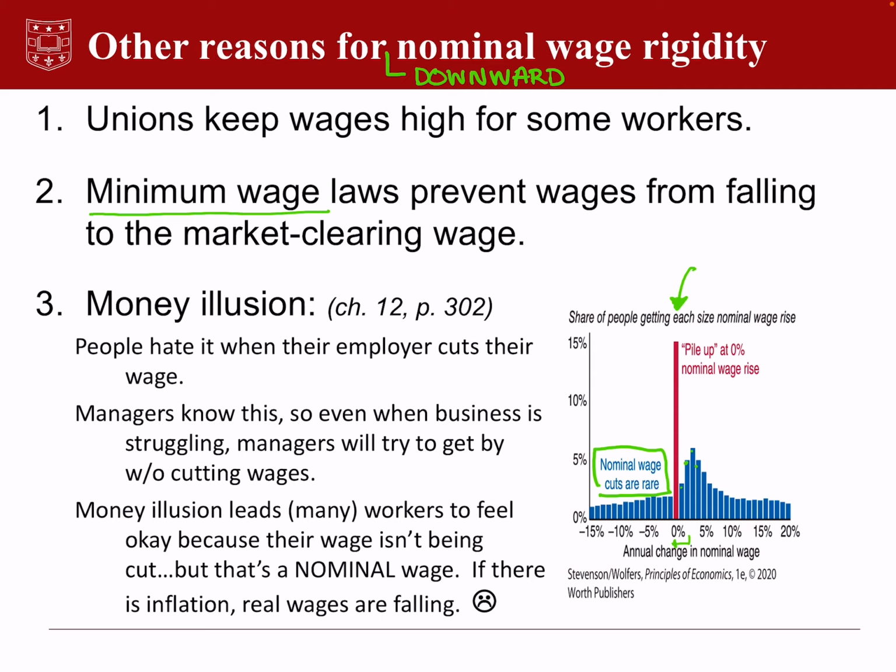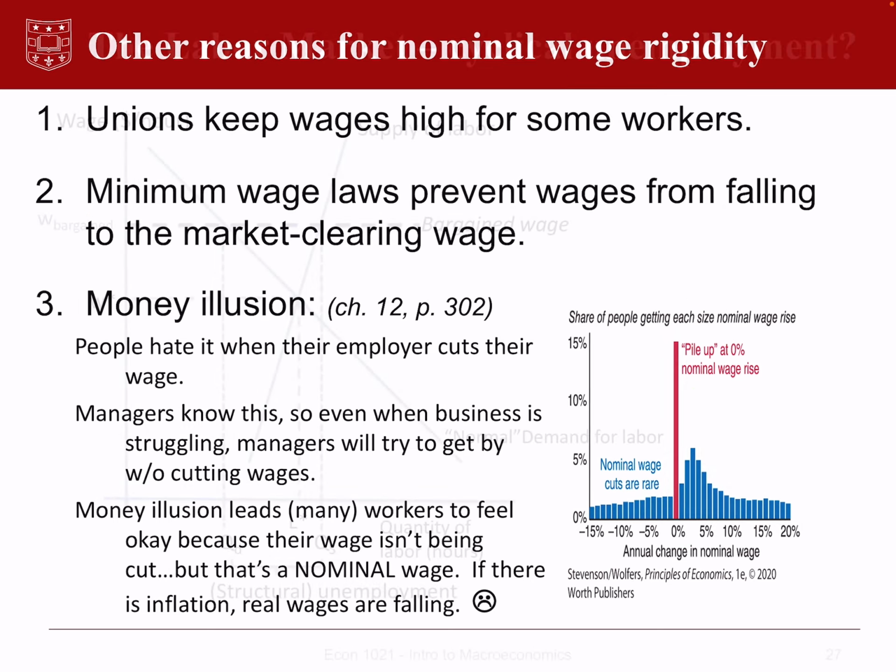And in a world in which the rate of inflation is around 2% or a little bit less, what this is saying is that the overwhelming majority of nominal wages are either not rising at all or they're rising just to keep up with the rate of inflation. And so this idea that employers can somehow fool people by not cutting nominal wages is going to be another thing that's going to contribute to nominal wage rigidity.